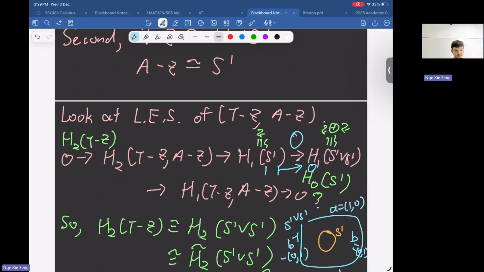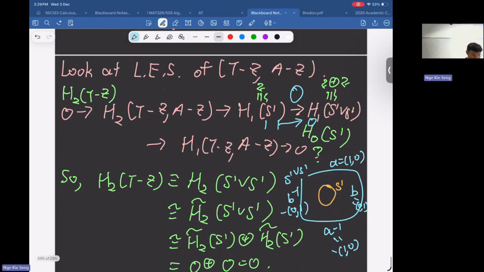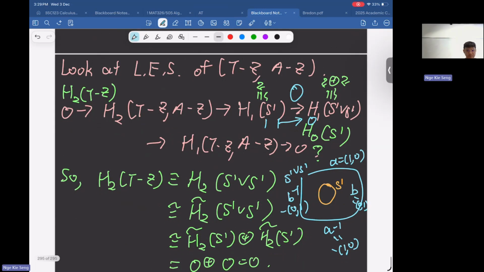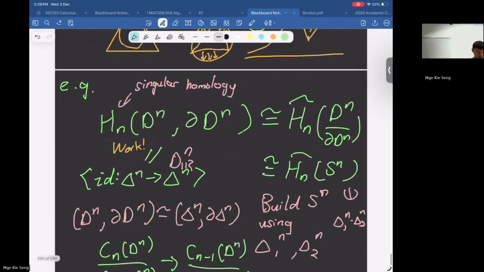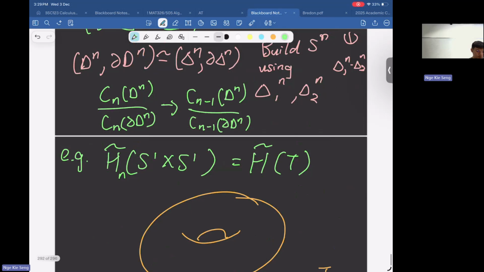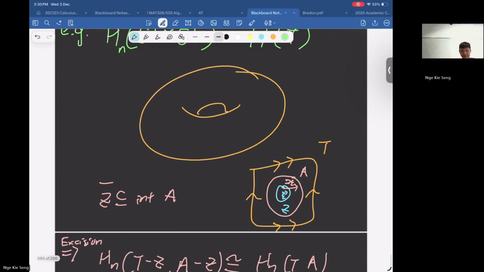Wait, let me see. Okay, since it's a 0 map, then we should be able to compute now. So let's compute it. I claim that it's enough to compute. Let's see whether it's enough or not.